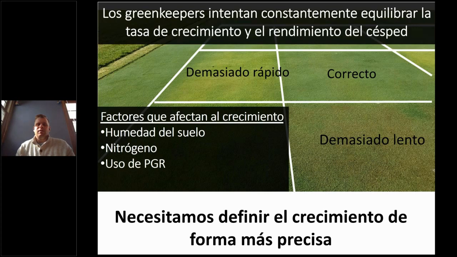We need to define our clipping yield goals more precisely, and not just say it seems like it's growing fast enough today. Like I said, most people have subconscious goals that they don't even realize. So let's take those subconscious goals and turn them into real numbers that we can manage for.